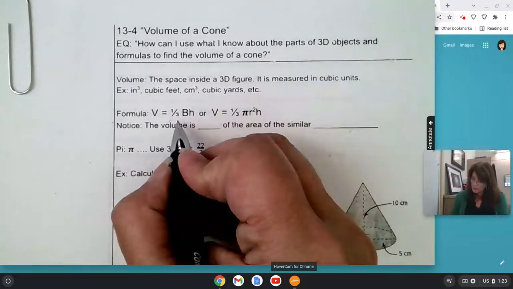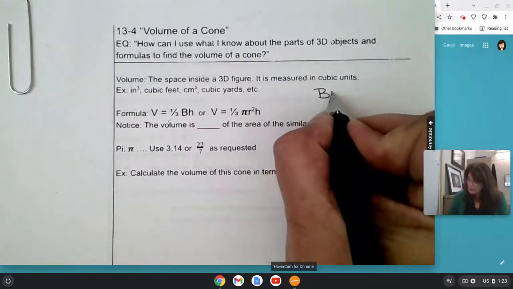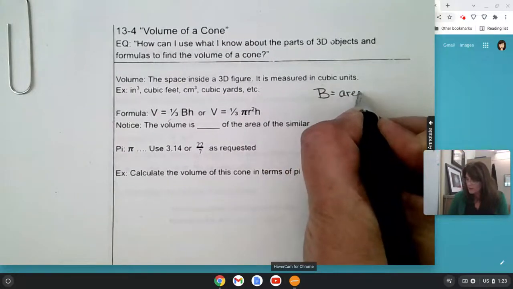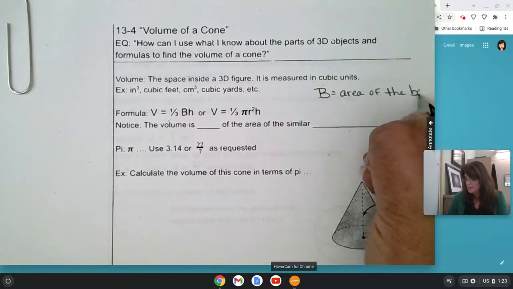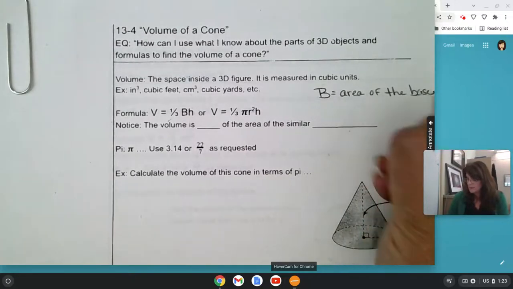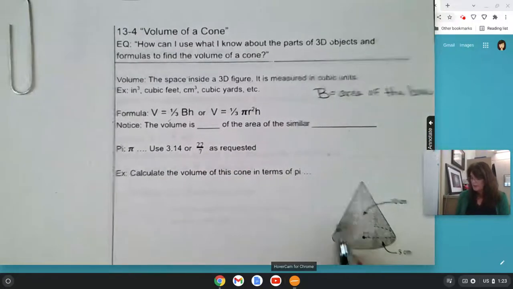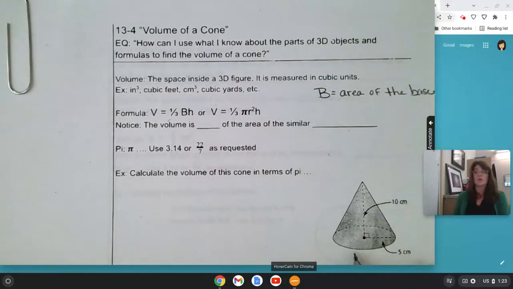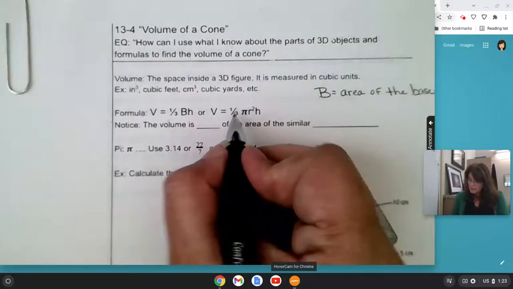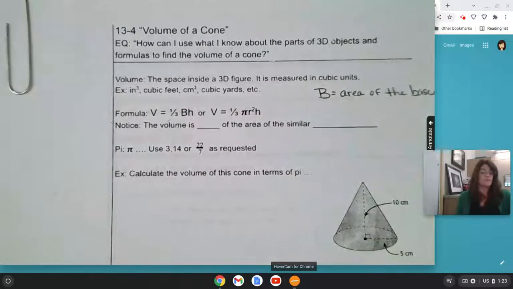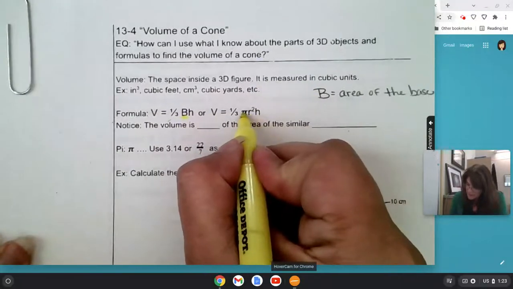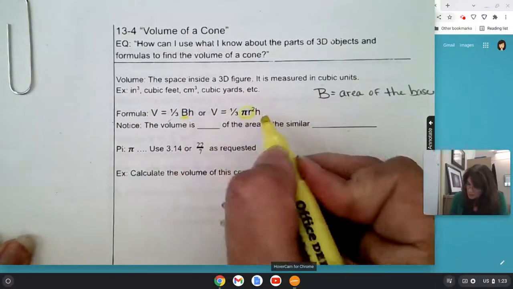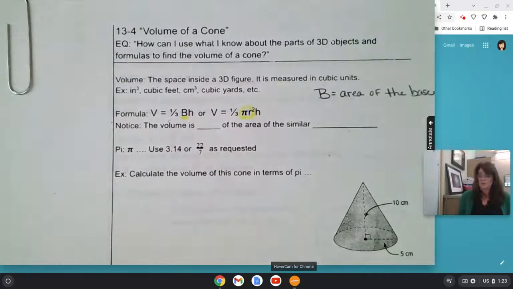Now remember, capital B means area of the base. Okay, so you have to find the area of the circle that is its base. That's why in this version it says B, area of the base, and in this version it just has the formula for the area of the base.